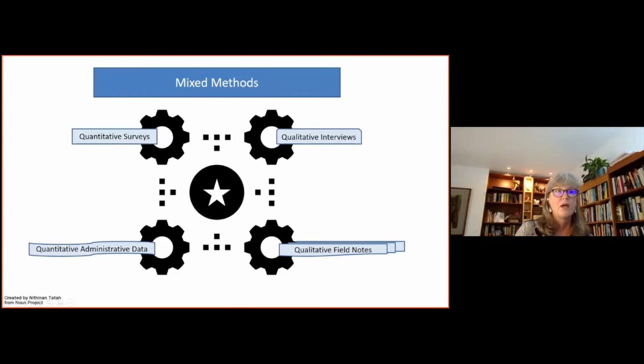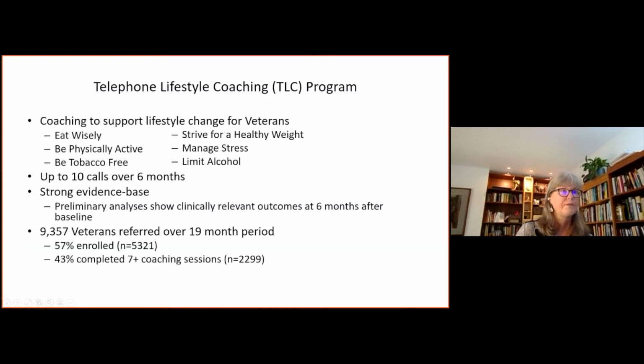We often draw on qualitative interviews like we did within this particular study. We use quantitative administrative data and qualitative field notes. In the case of this particular study that I'm going to highlight, we used all 4 sources of data.